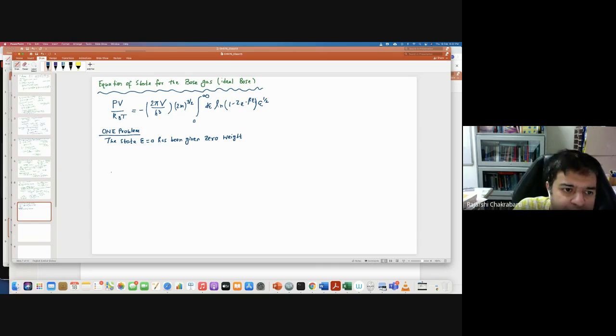So we should take this state out and then replace the sum with an integral.